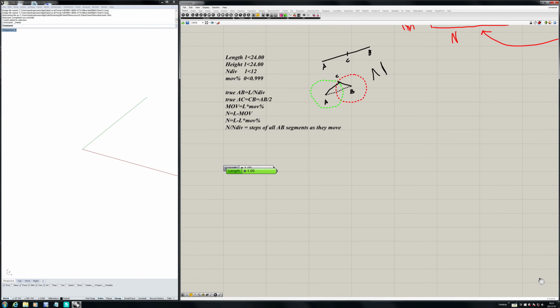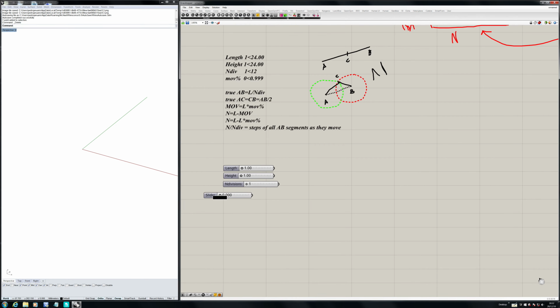I'm going to copy paste. This is going to be my height. One smaller than 12. Now look here, I'm going to put integers because divisions are integers. And divisions. And then 0 smaller than 0.999.